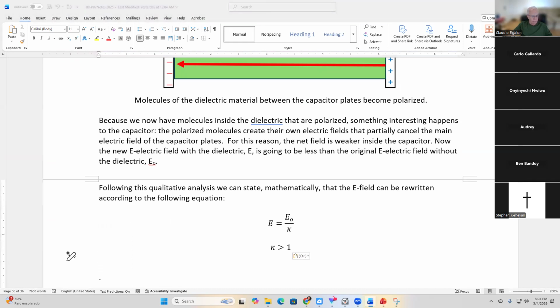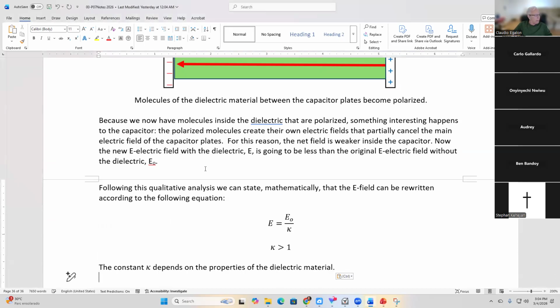And this constant depends on the properties of the dielectric material. Okay? So that's the first conclusion that we take, just by doing this qualitative analysis.